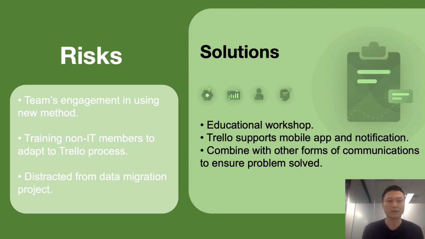That's the first solution. The second one is that Trello supports the mobile app and notifications, which is very useful. And the third solution is we can combine it with other forms of communication to ensure the problem can be solved easily.